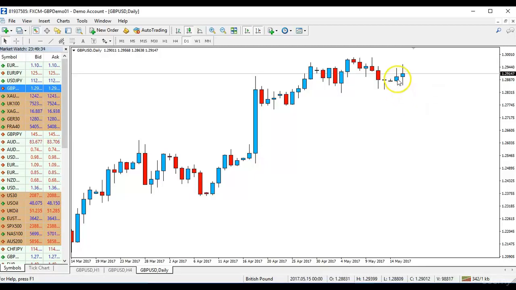Okay, so that's all it does. So a candle, you can see at a glance where it opened, where it closed, and it gives you a visual representation of what it did that day.